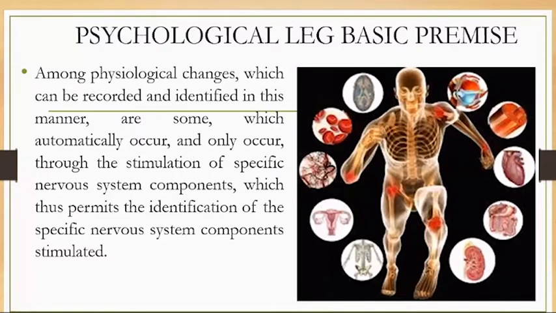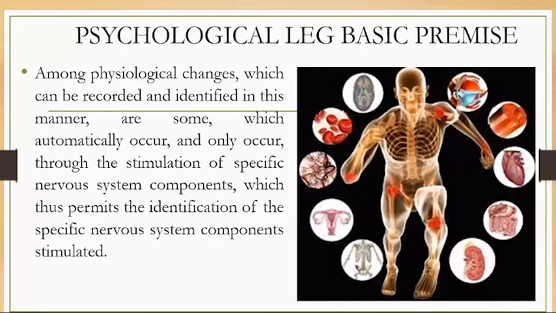These occur only through the same stimulation of specific nervous system components through the brain, which permits the identification of the specific nervous system component stimulated. All of them, including the kidney, the bladder, the blood, the circulation of blood, and everything on that physiological side.